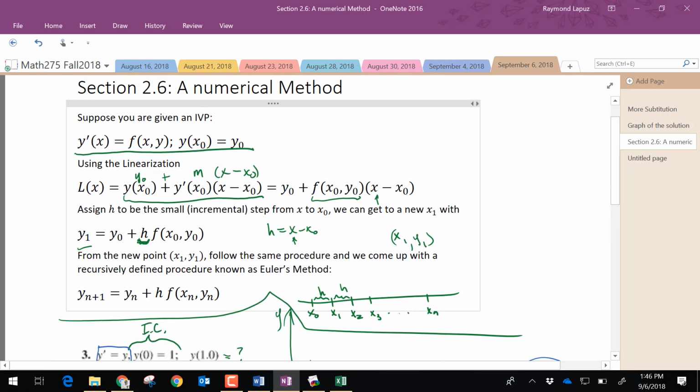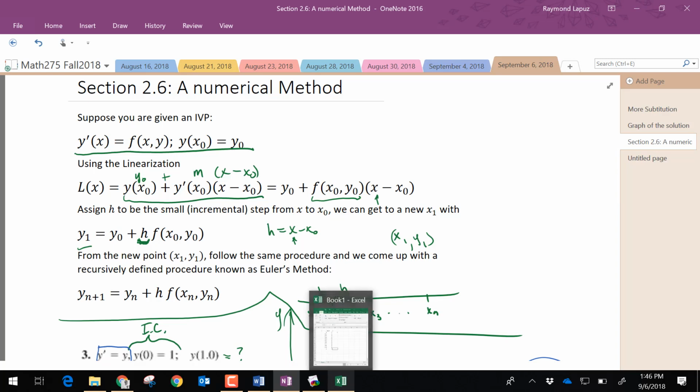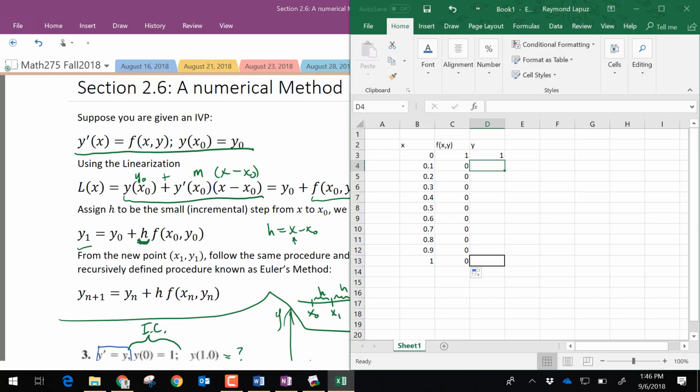We should look at this formula over here. I can get y1 by looking at the previous y. So this is equal to the previous y plus h, which is 0.1, times the slope, which is the previous slope, right?